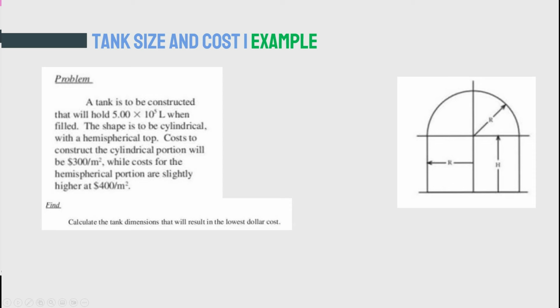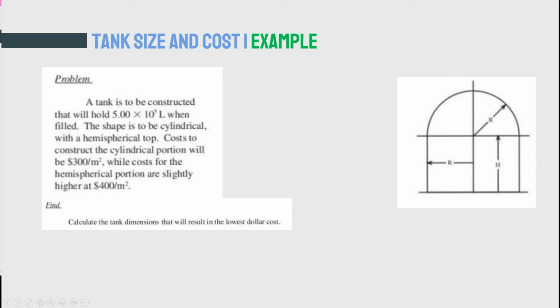So you got a cylinder. That's a cylinder. That's the center of the cylinder. Then you got here a hemisphere, like half a circle, if you will.